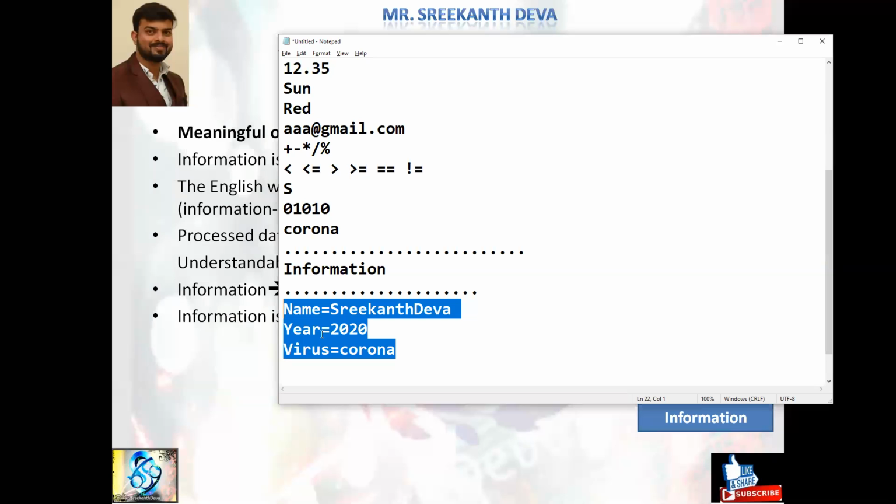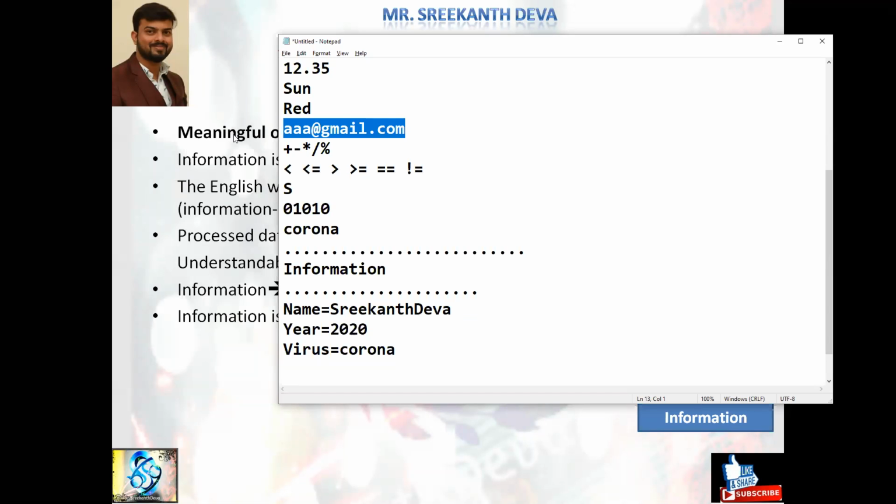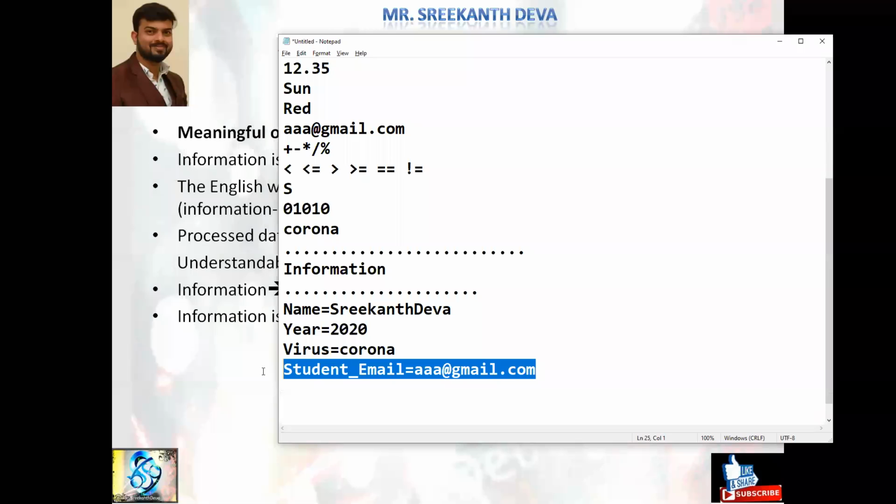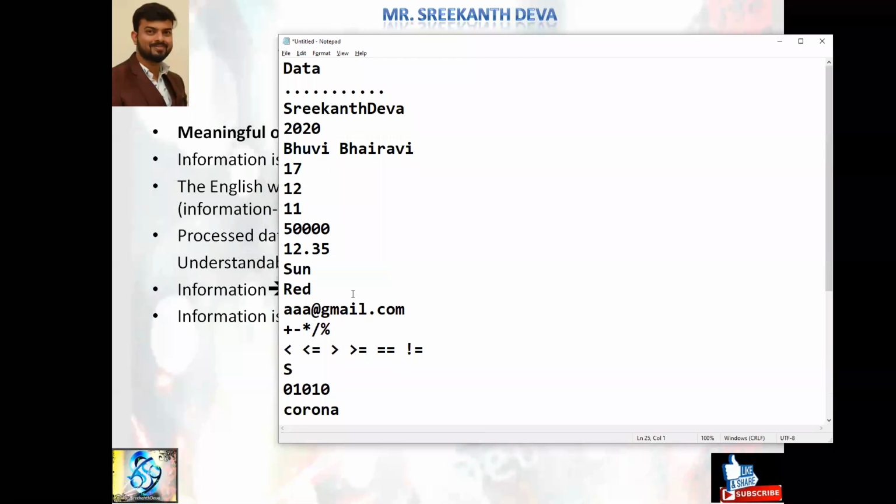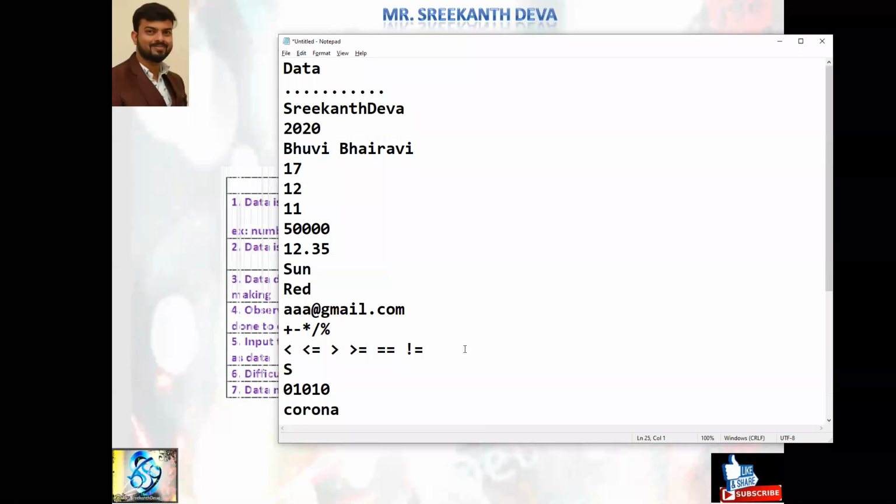Similarly, we are all familiar with the format of an email ID, but we cannot justify what type of email ID it is or whose it is. Here we can write student email is equal to something. This is the way I provide meaning for data, called information. I hope all students understand what is data and what is information.